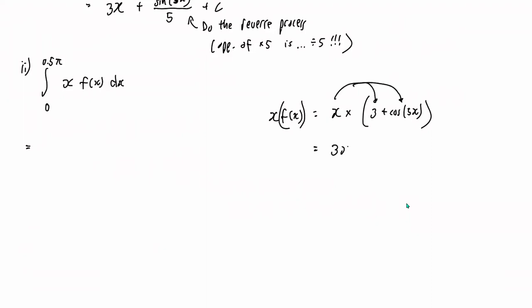You're left with 3x plus x times cosine 5x. So that means this integral is really just 0 to 0.5 pi of 3x plus x cosine 5x. Then?